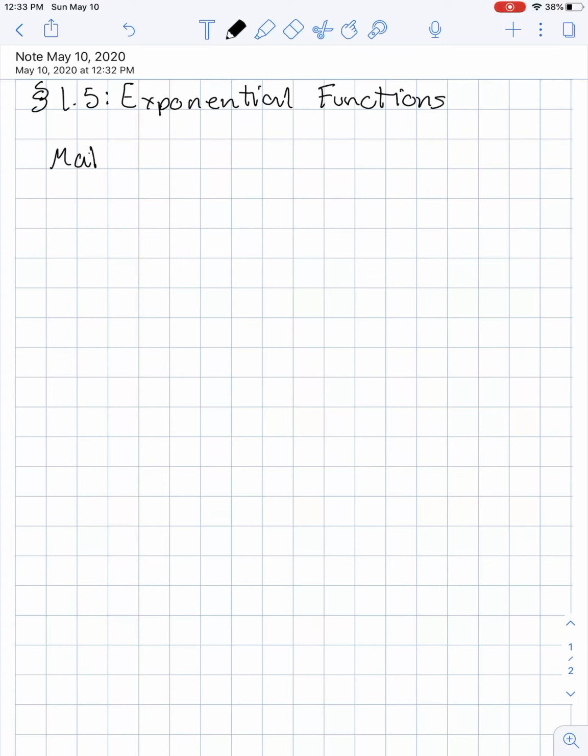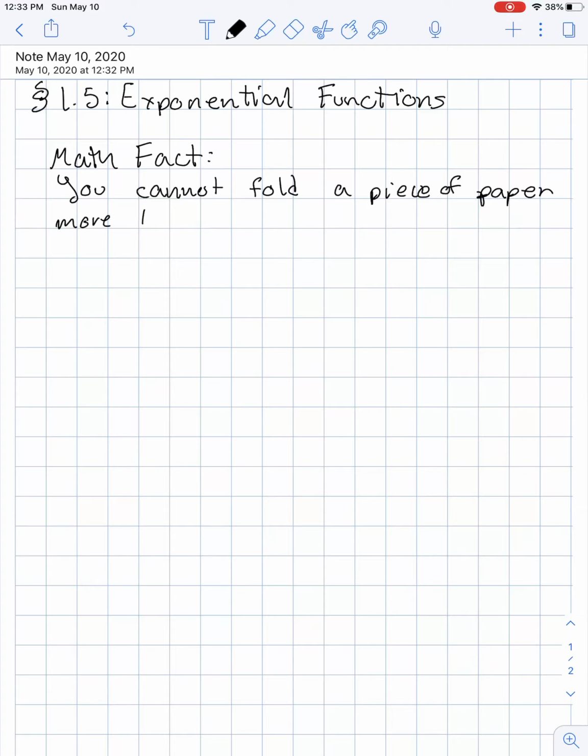So I thought it'd be fun if we started out with a math fact. Did you know that you cannot fold a piece of paper more than 8 times?